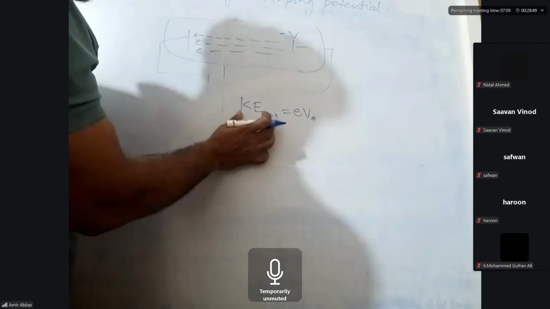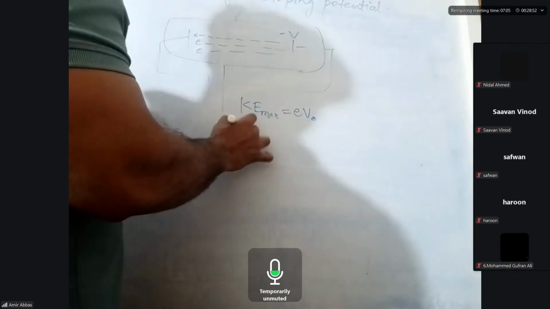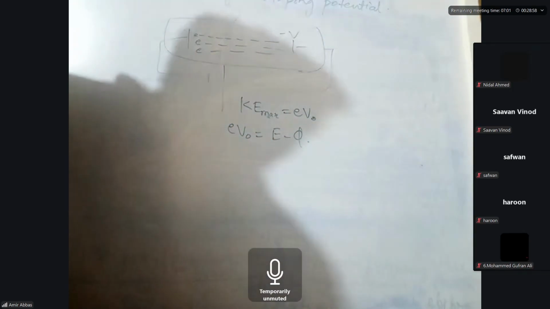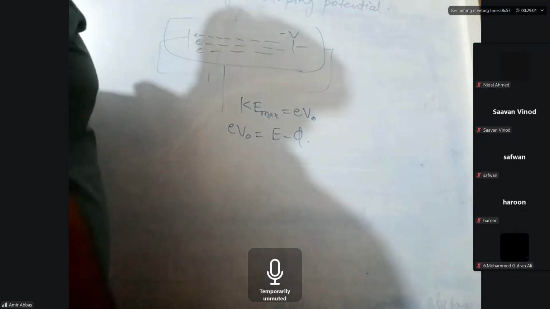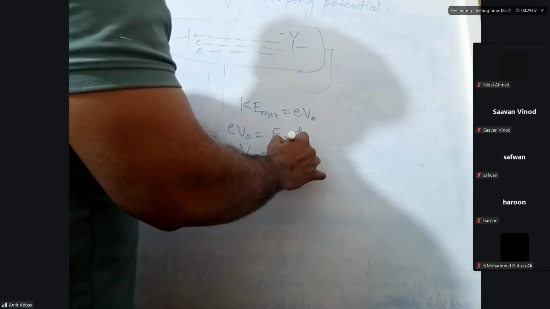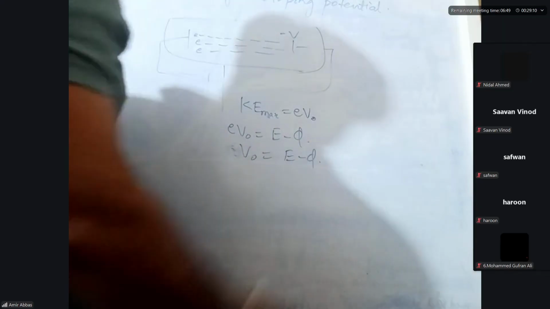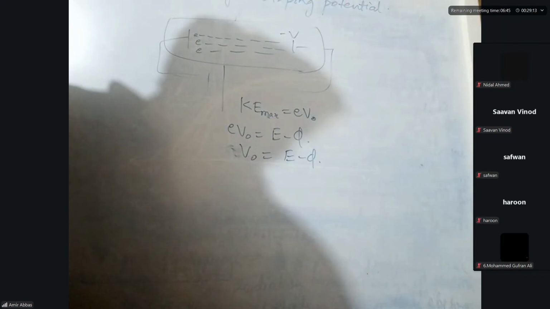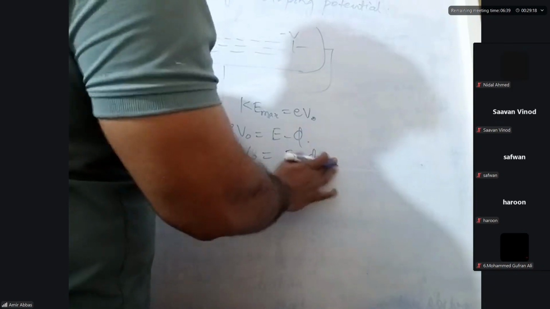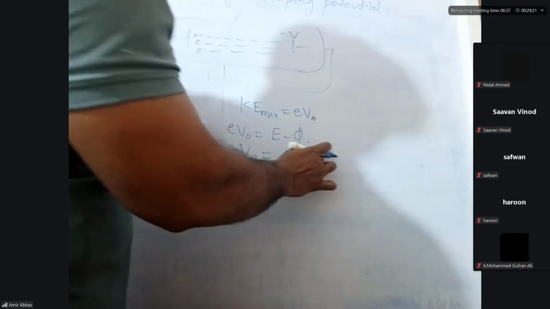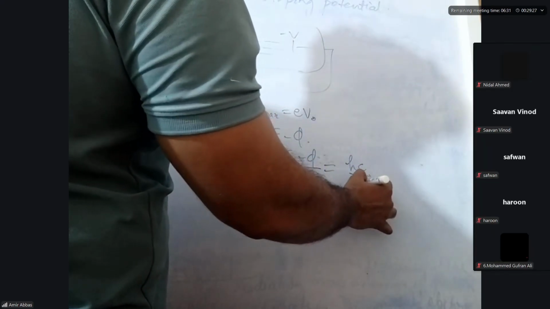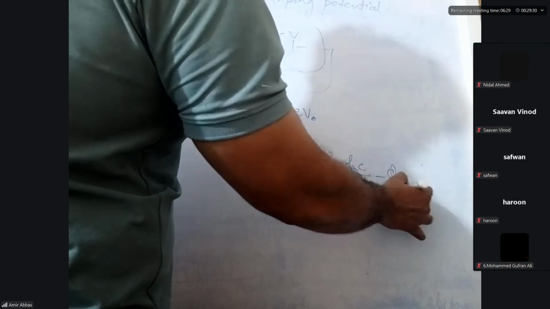Okay. What is the formula for this one? E max is E minus phi. The phi is the work function. Have you got that, beta? Then eV naught can be written as E minus phi. Have you got that? Then what can we write? V naught is E minus phi upon e. We can write this as hc by lambda, E minus phi by e.